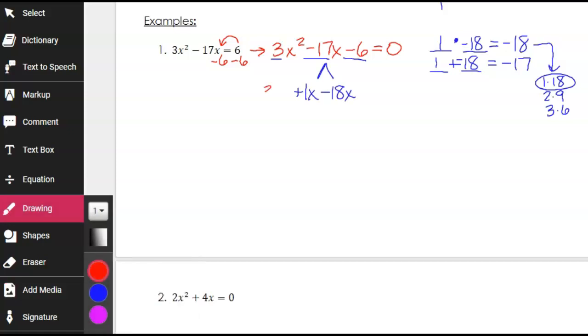I still have my 3x squared. I still have my minus 6, and it still equals 0. I need to factor by grouping, so I'm going to group. Take out my GCF of each group.